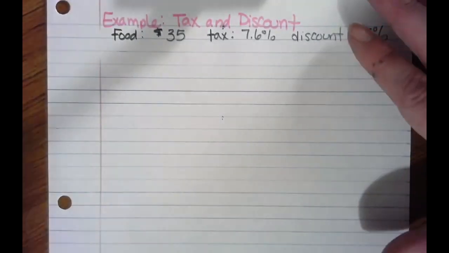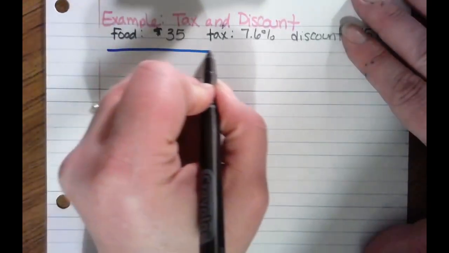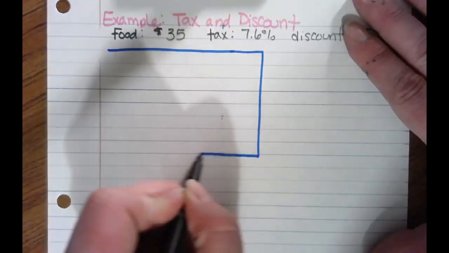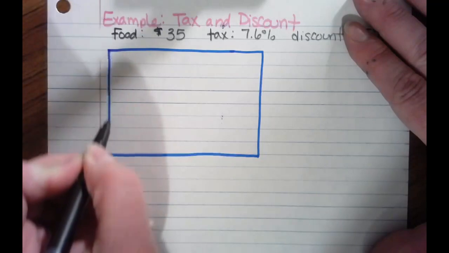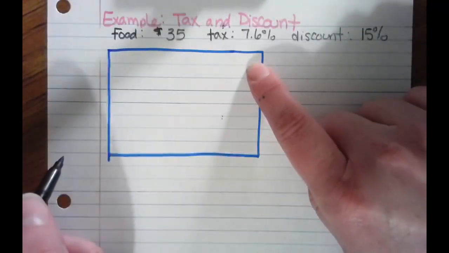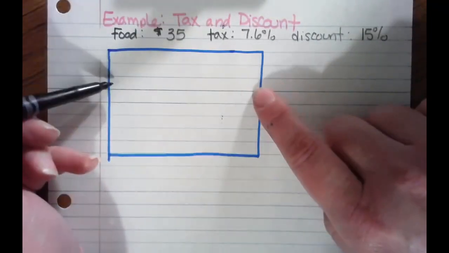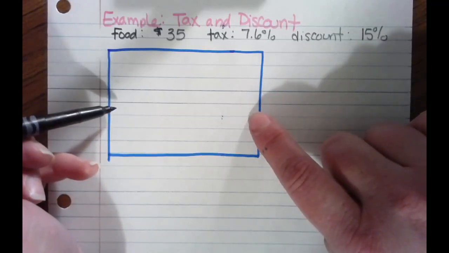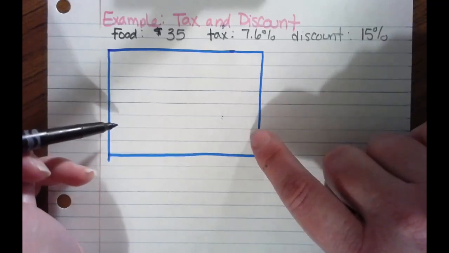So in this case, we're going to need to draw a table, and we're going to have to figure out a little bit more because we're going to start with our total food, and then we need to figure out what is our discount, and so we'll subtract that out. Then we need to figure out our tax on that amount.